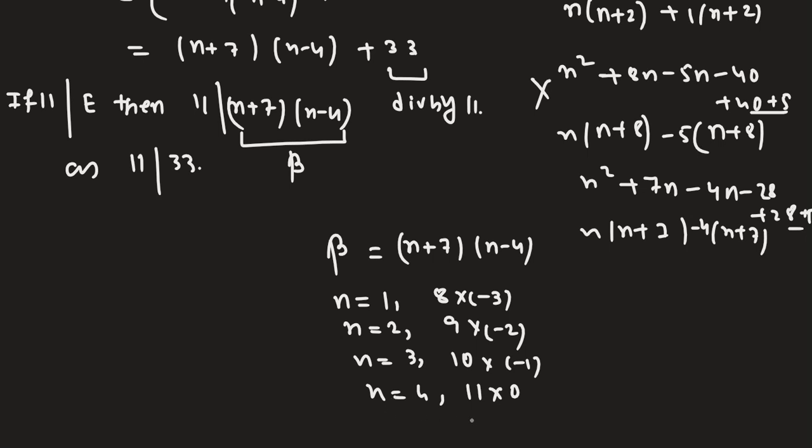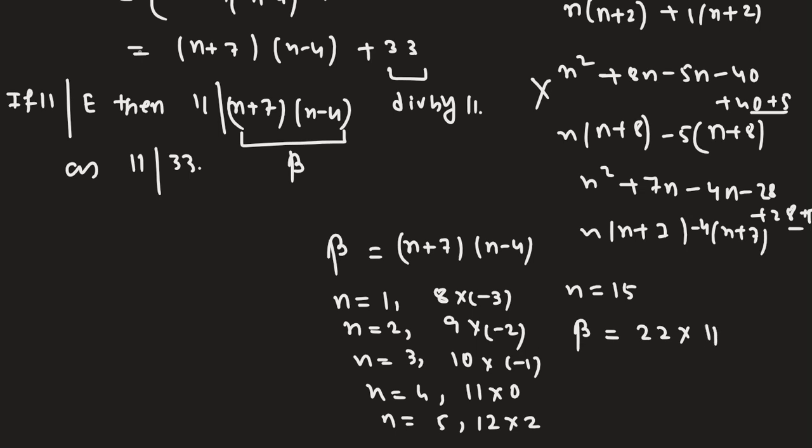If I take 5, then it is 12, and 5 minus 4 is 1. In this way, if I take n equal to 15, then the beta value will be 22, and 15 minus 4 is 11.